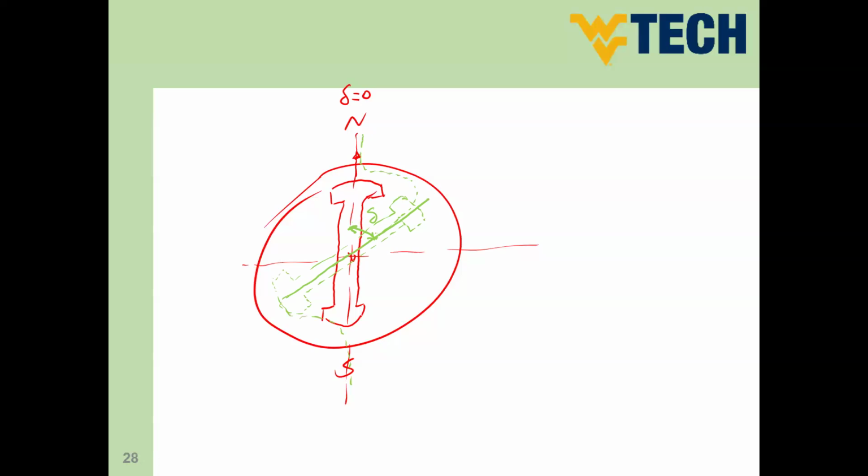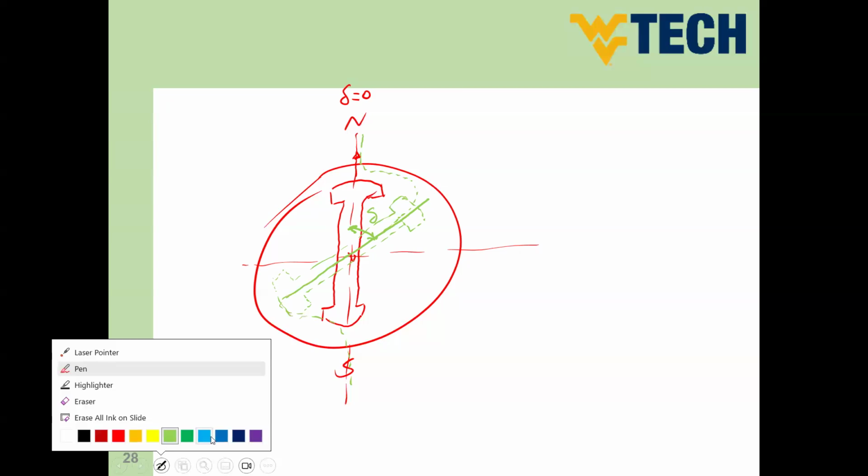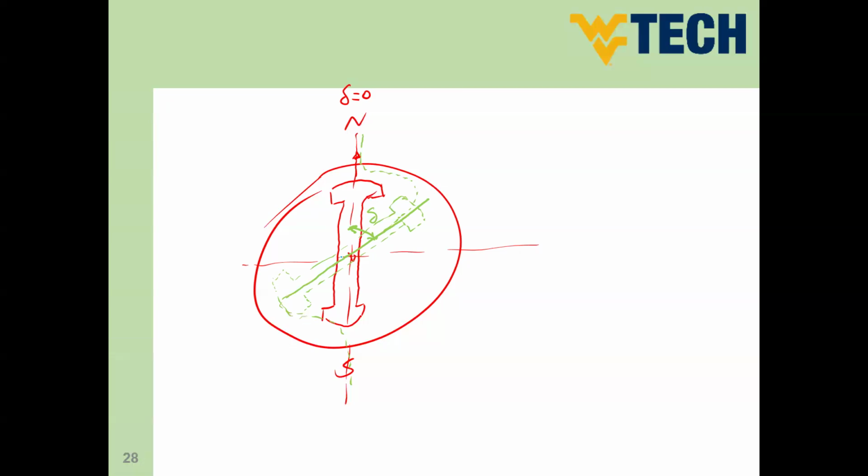What will happen if you increase this angle more? Let's say we go to 90 degrees, which means the new axis of the rotor is going to be here. So here, delta equals 90 degrees.